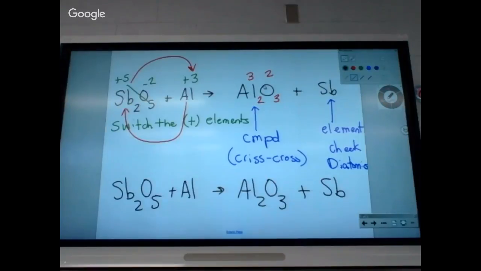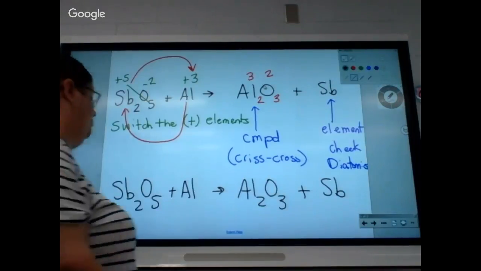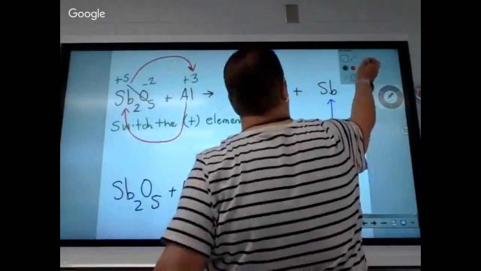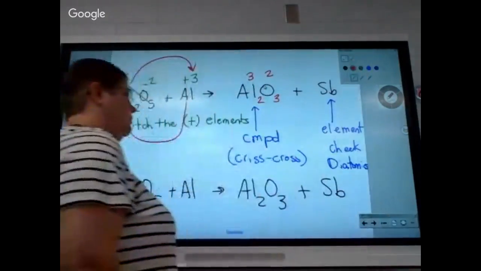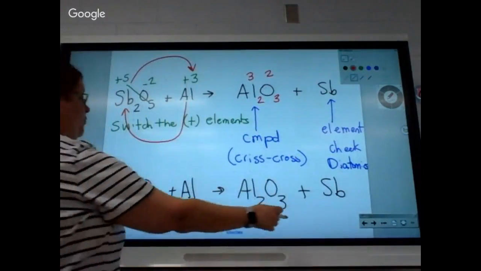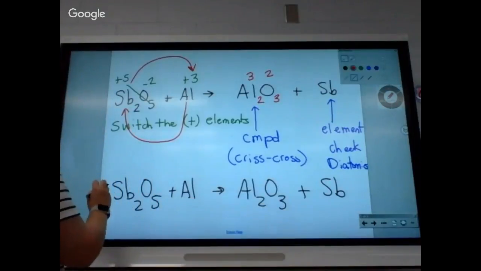Now, who would I balance first? Wouldn't be my pick. I'd go with oxygen. It's in both compounds and it's got larger subscripts, so that'd be my choice. So I have 5 and I have 3, so I'm going to put what here?